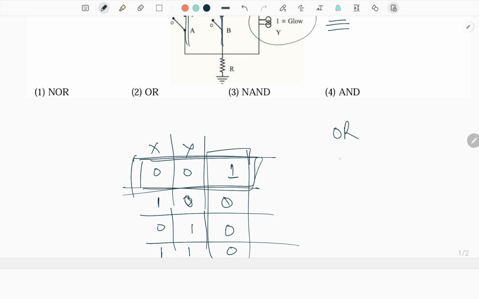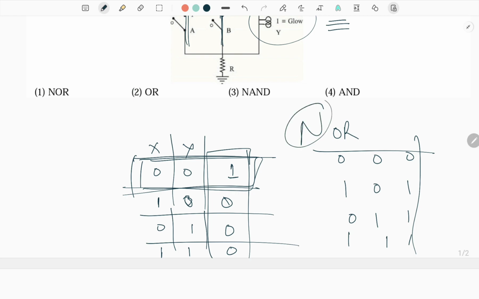In the OR gate the combination is 0 0 gives 0, 0 1 gives 1, 1 0 gives 1, 1 1 gives 1. If we apply a NOT gate, that will reverse this output, giving 1 0 0 0.